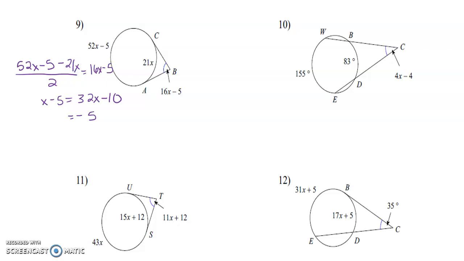So when I take my 52 minus my 21 to combine those like terms, I get 31x equals 32x minus 10. Okay, so now I'll erase this other side. I'm going to think about subtracting my 31x from both sides. It's going to give me an x here. If I add 10 to both sides, 10 minus 5, it's going to be x equals 5.